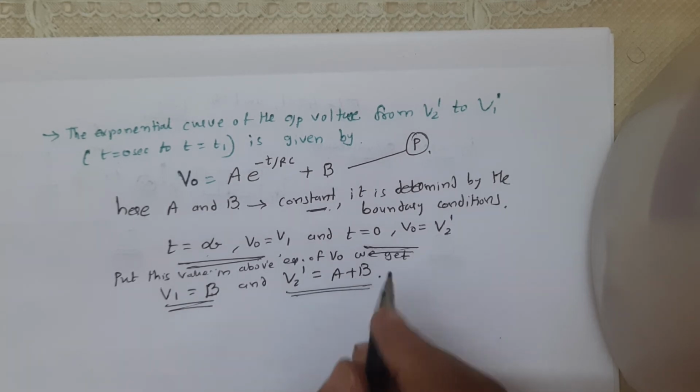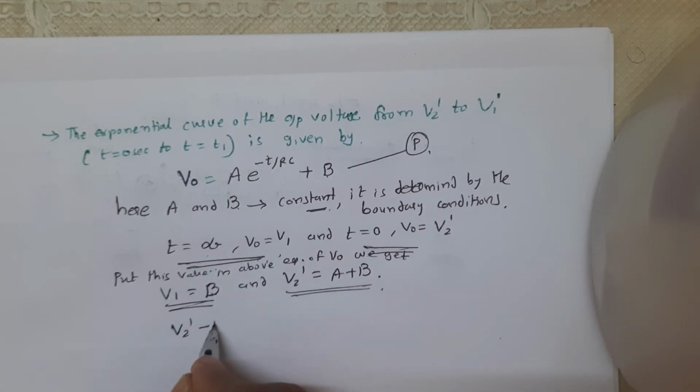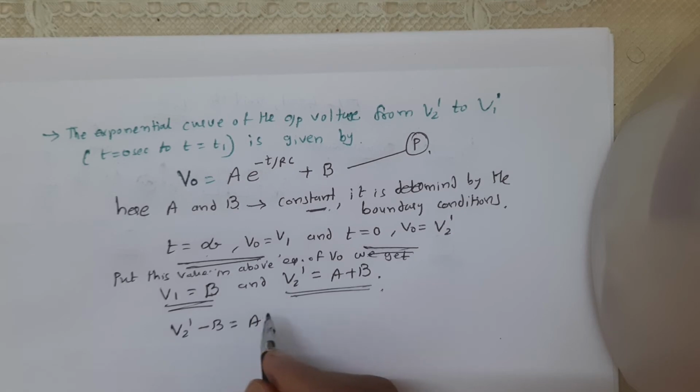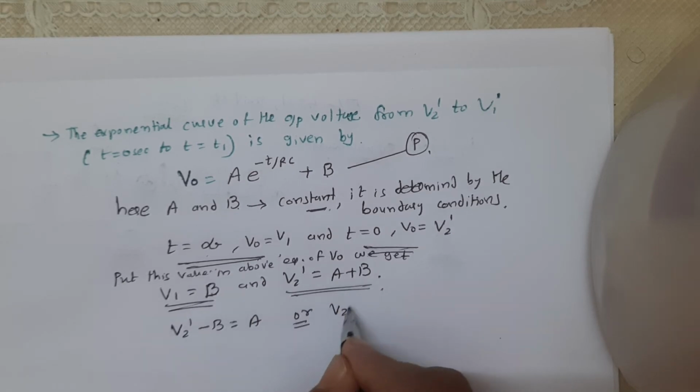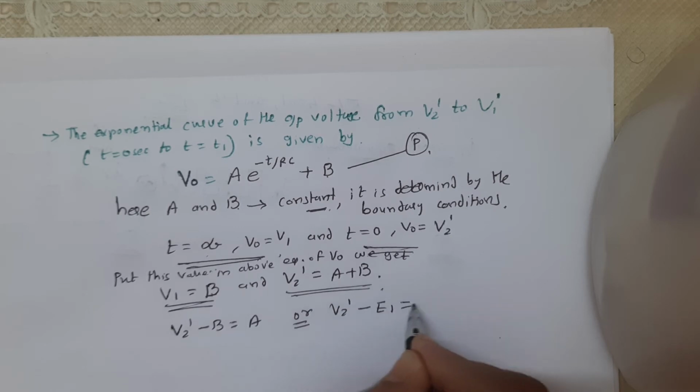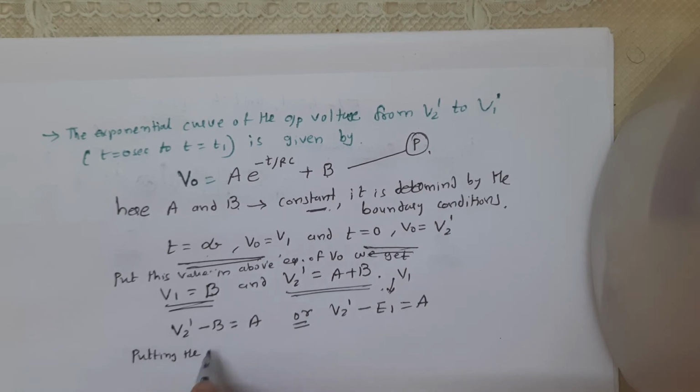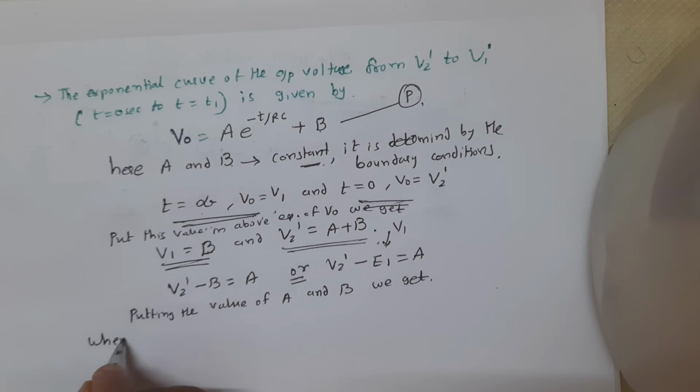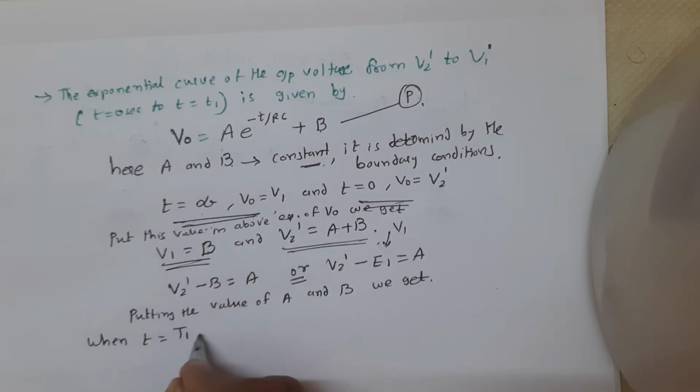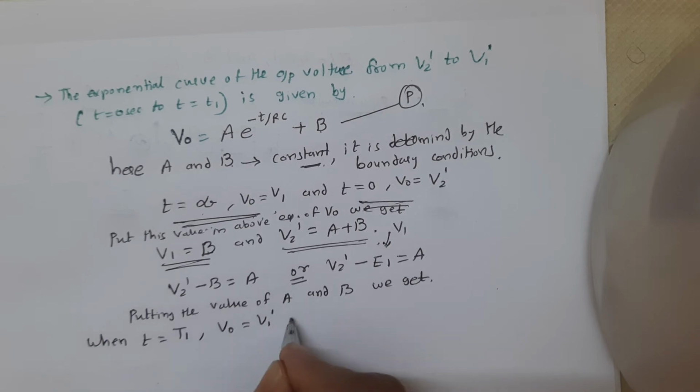So we can write that V2 dash minus B is equal to A, or we can say that V2 dash minus V1 is equal to A. Putting the values of A and B, when t is equal to T1, Vo is equal to V1 dash.